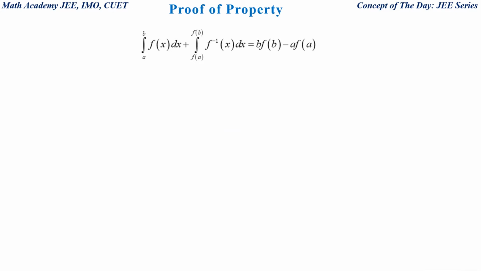As you know, the proof of any concept or property is a very important part, because if you directly remember this property, maybe you can solve the problems, but if you know the proof, then you can definitely solve any problem based on it, because you get some insight into how this property comes about.